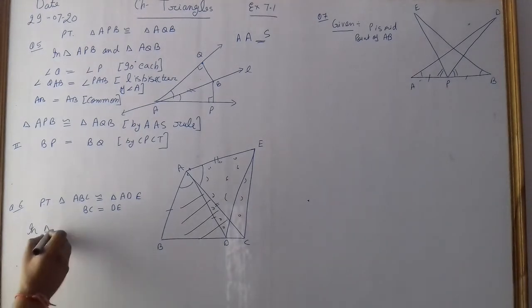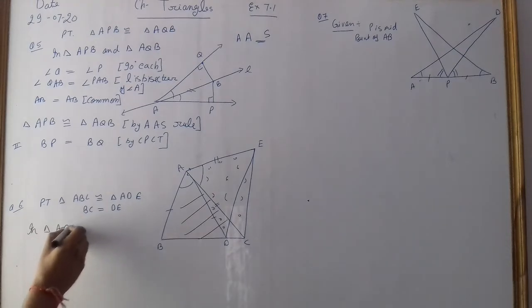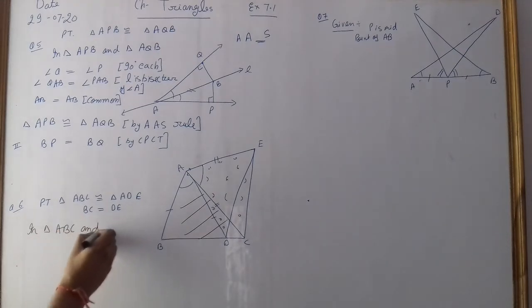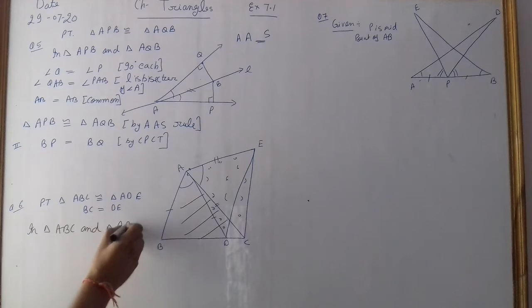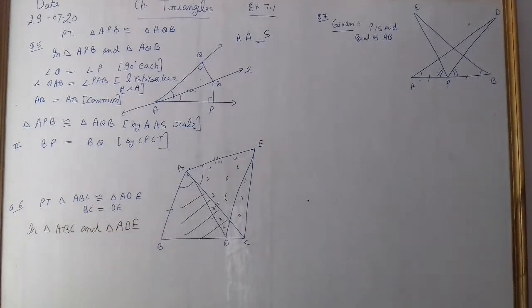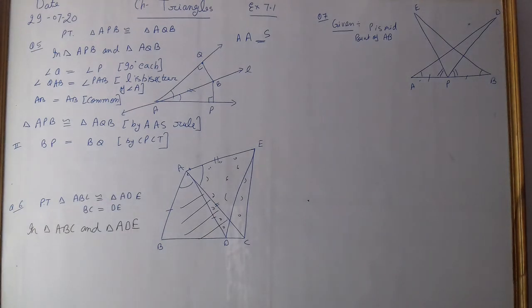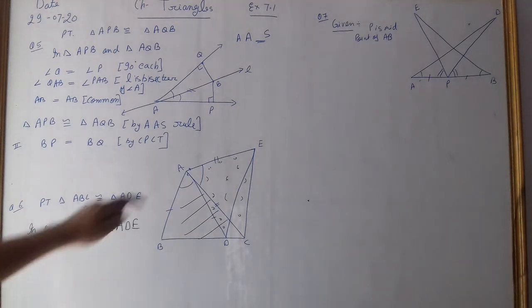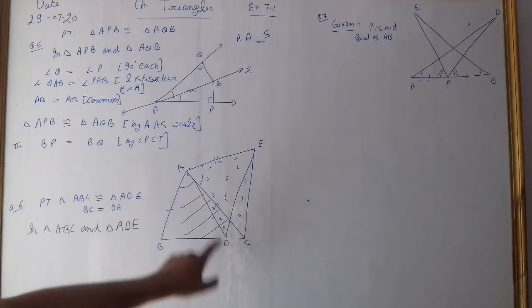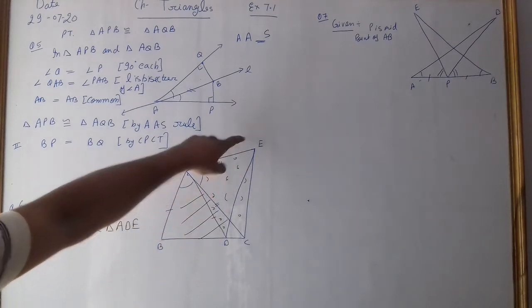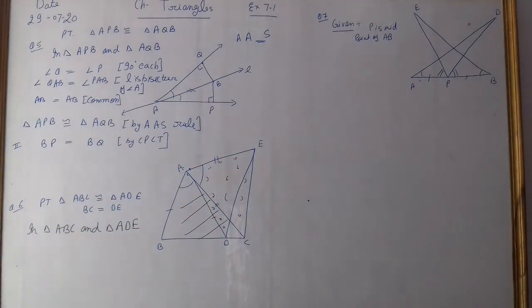In triangle ABC and triangle ADE, the triangles which we have to prove congruent, we are taking only those triangles, right, students? Now see, in triangle ABC and ADE, first write the things that are given equal to each other.